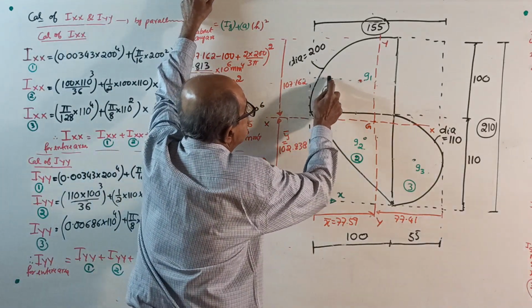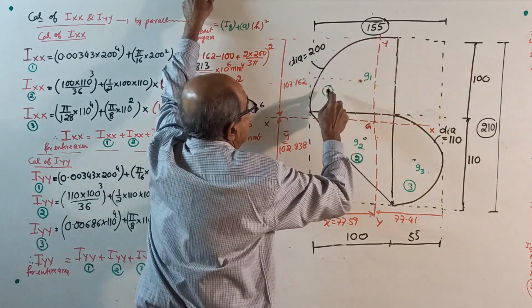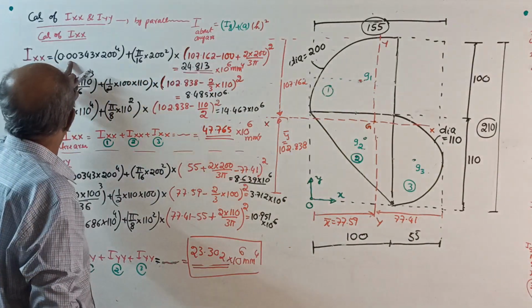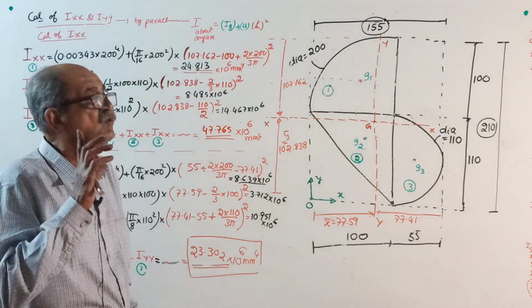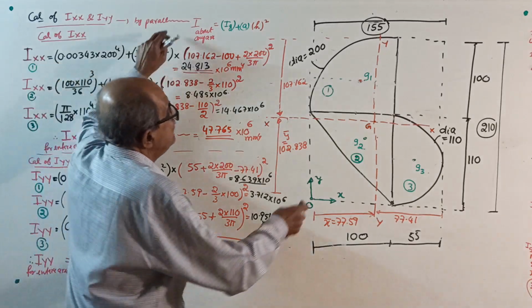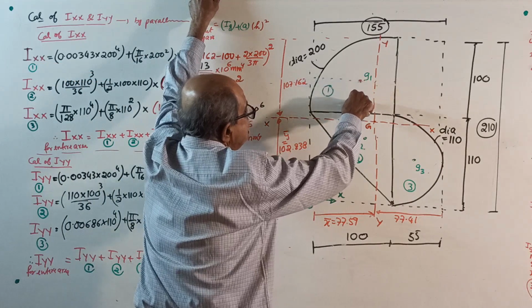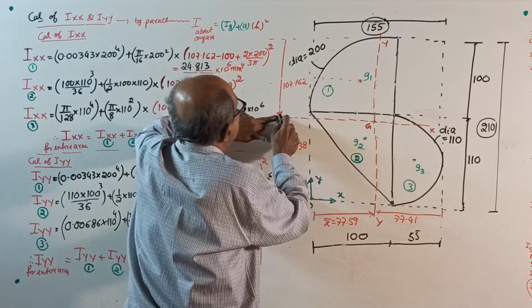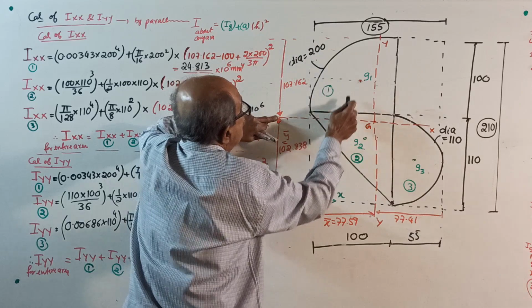I about its own centroidal axis. For a quadrant of a circle, I told about any centroidal axis, it is 0.00343 diameter power 4, reason I told you earlier, plus area into this distance square. Be careful, this distance square is from here to the extreme fiber, 107.162 from here to here.